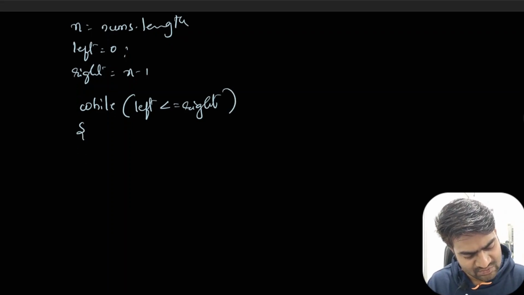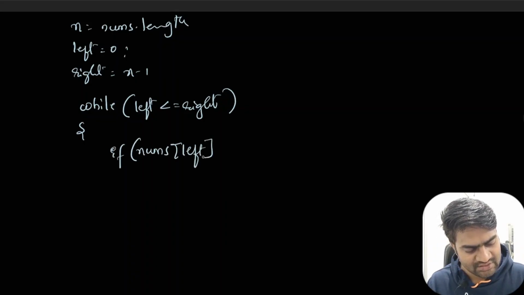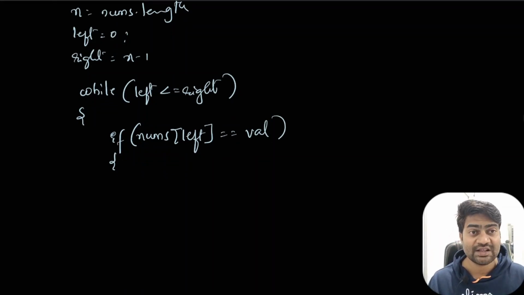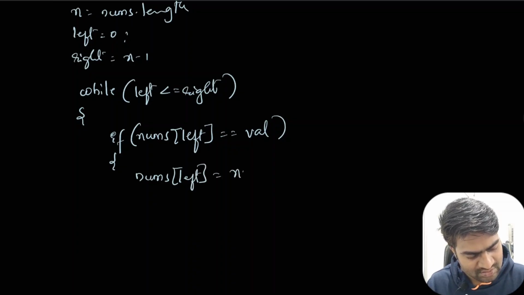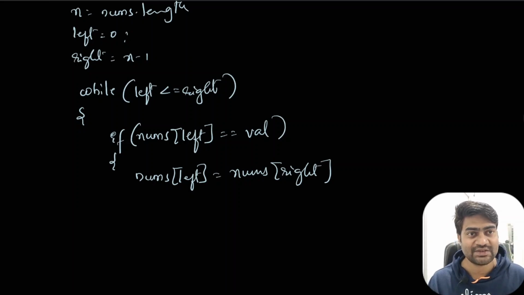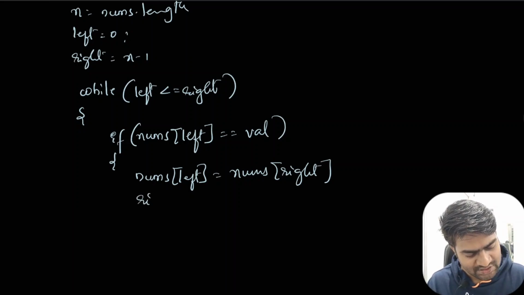Next, I will check if nums of left is equal to our val, then we need to bring the right side number and put it here. So nums of left equal to nums of right, and after this we need to decrement the right pointer, so right minus minus.